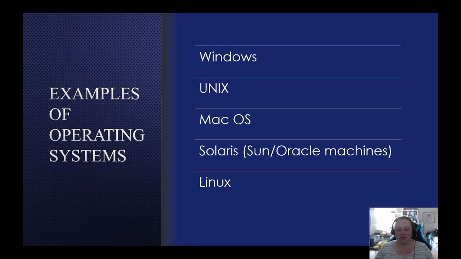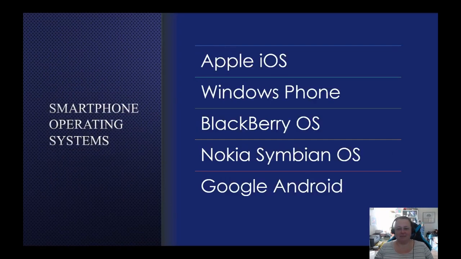Now let's take a quick look at some smartphone operating systems. Operating systems on smartphones have the same purpose as an operating system on a PC. There's also a ton of choices out there for your smartphone, such as an Apple iOS or a Google Android.